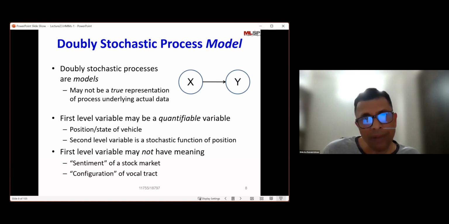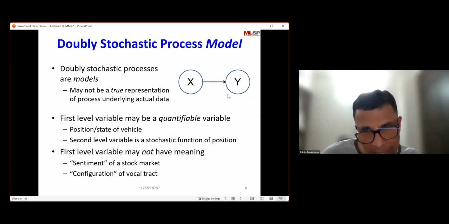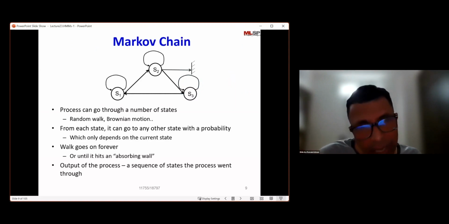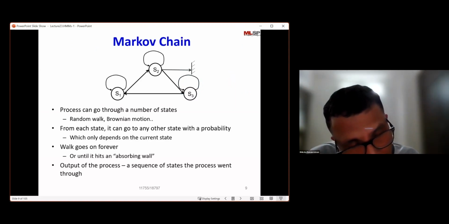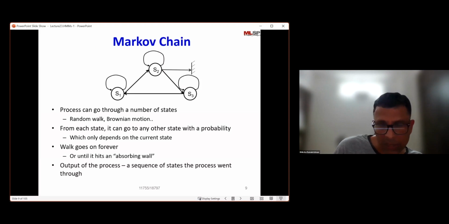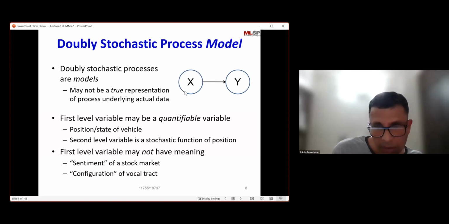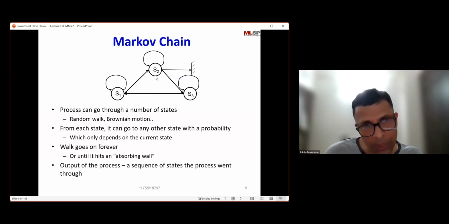And so you have a stochastic function of a stochastic variable, where the first variable itself is abstract. And the specific kind of process we're going to be talking about, hidden Markov models, are one instance of this, where you have a doubly stochastic process, where the first random process in this chain is abstract.